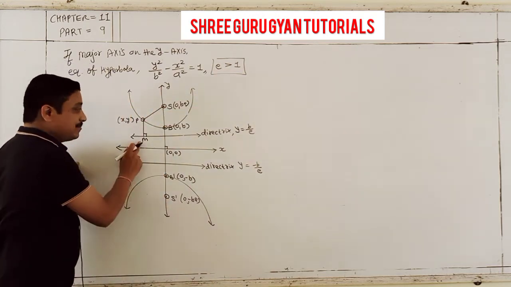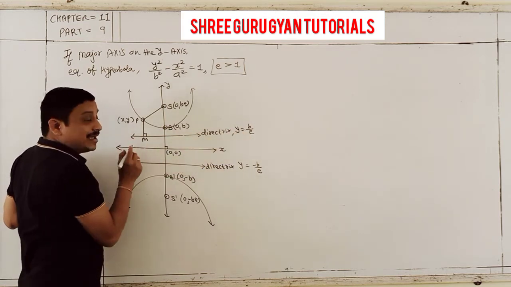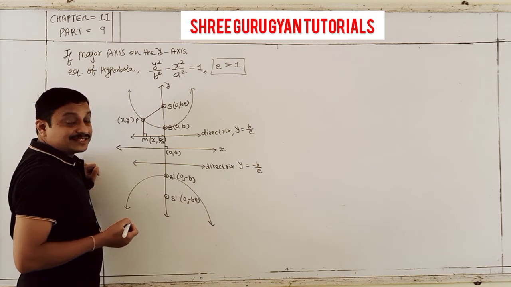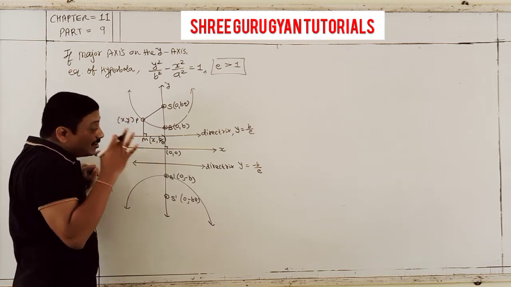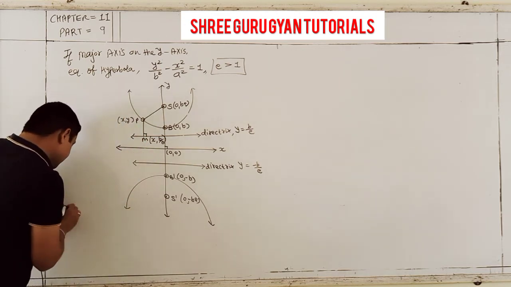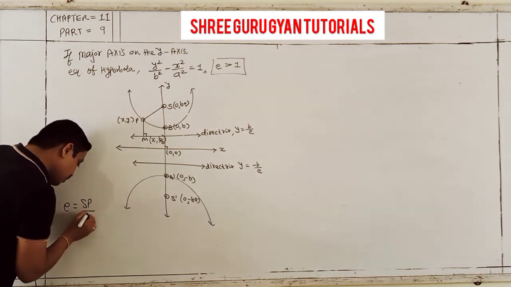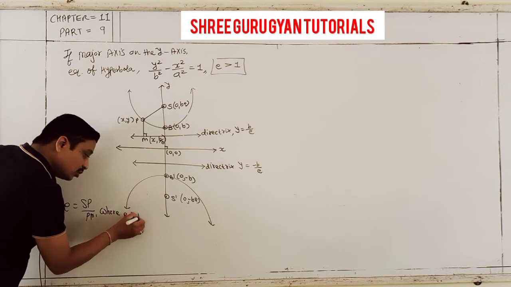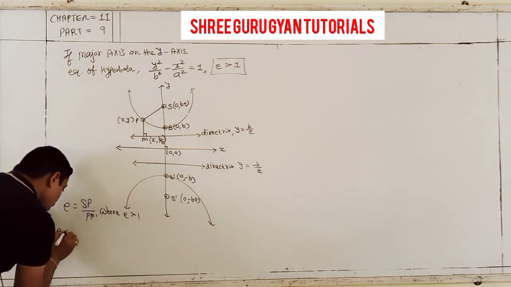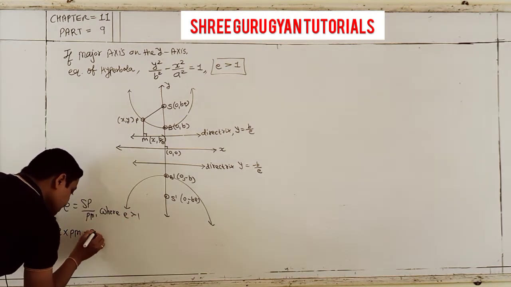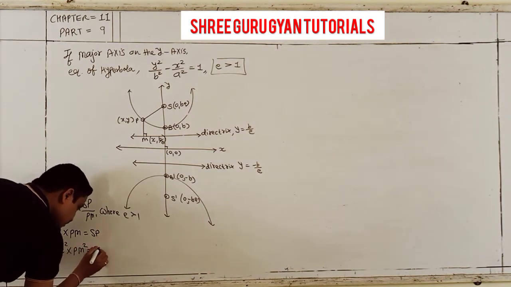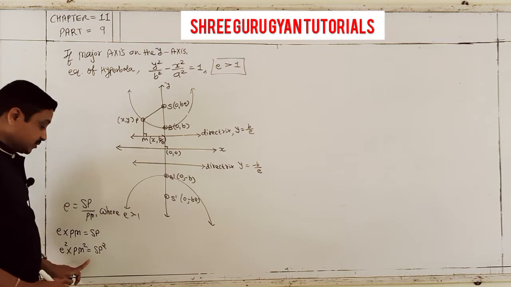So students, here the y coordinate of M is known, b by e, and the x coordinate is unknown. Now the actual start: eccentricity e is SP upon PM, where e is more than 1, so e into PM is equal to SP, so e square PM square is equal to SP square.